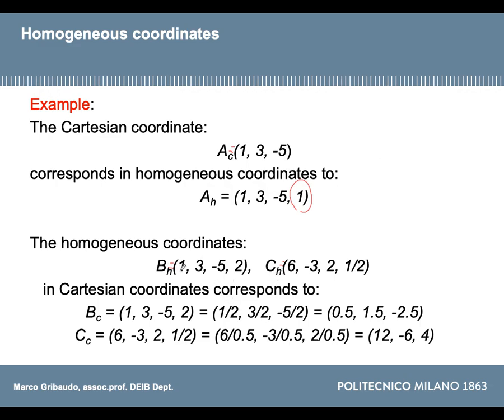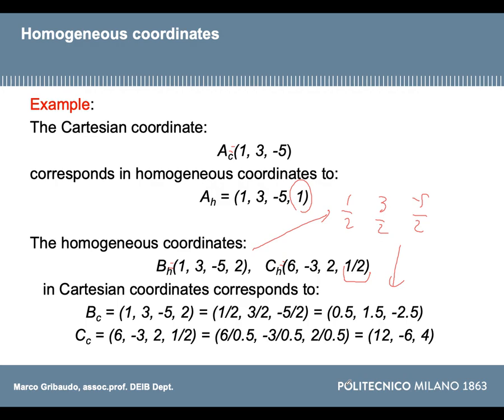Well, it is enough that I divide each component by the last one, okay, and the results will give me the equivalent point in the corresponding three-dimensional space. Okay, keep in mind that if this value is less than 1, the position in the space might be larger than the other, depending on what we use.